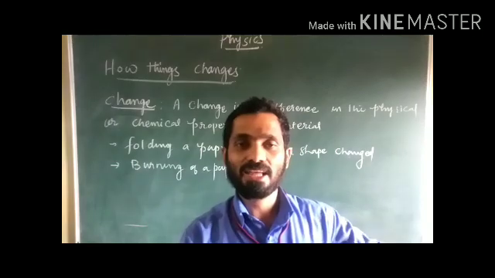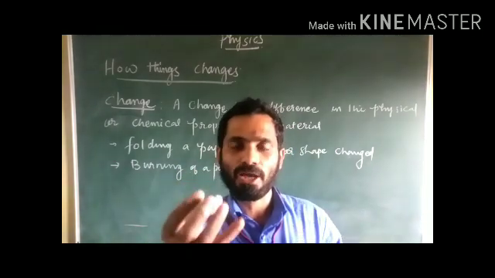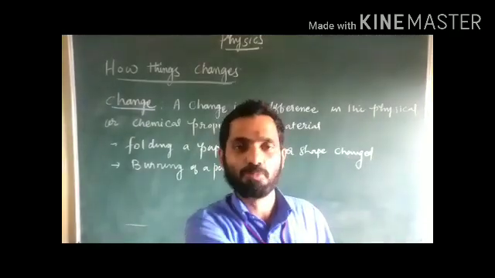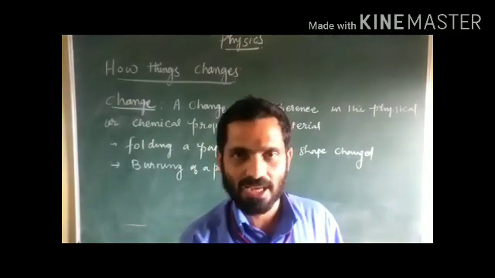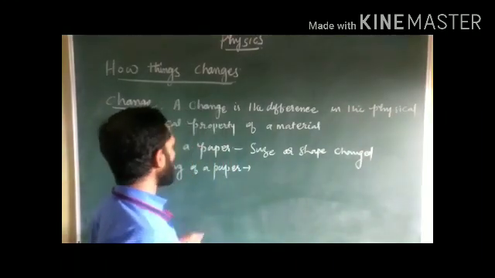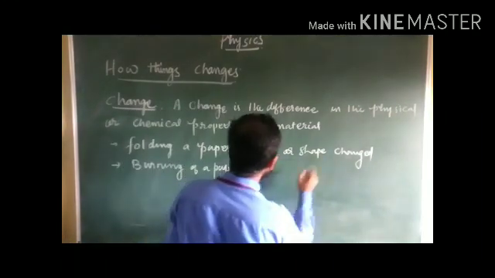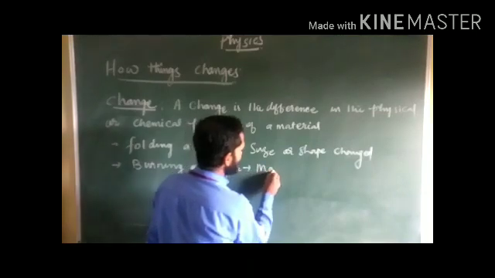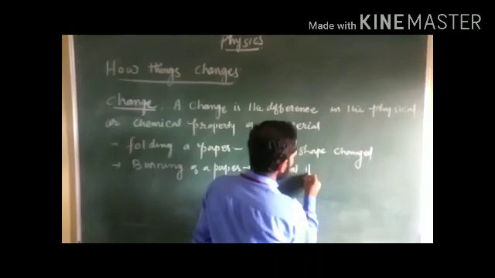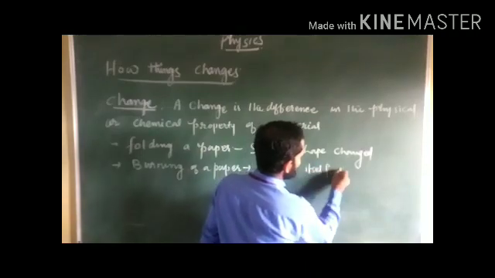That means the chemical material, paper, is one material, and that material is completely changing into a new material which we call ash. So here the material itself changed, in the burning of a paper. In folding, size and shape changed; here the material changed.